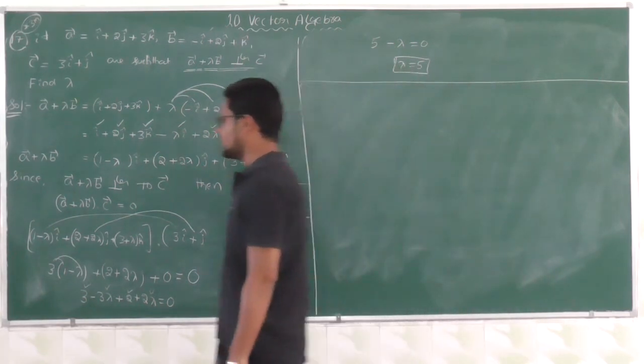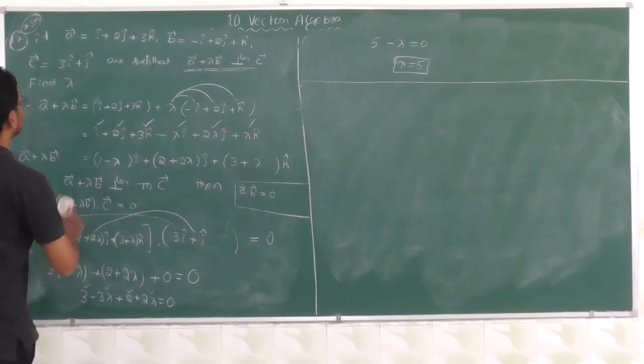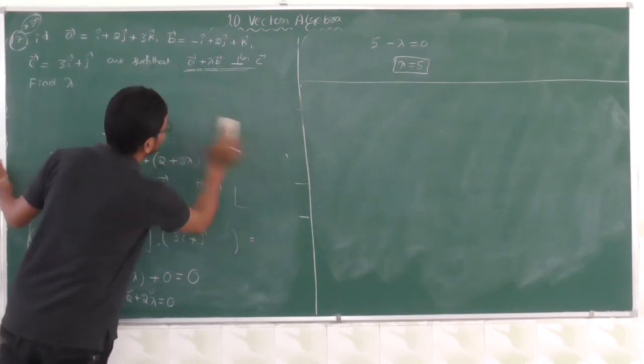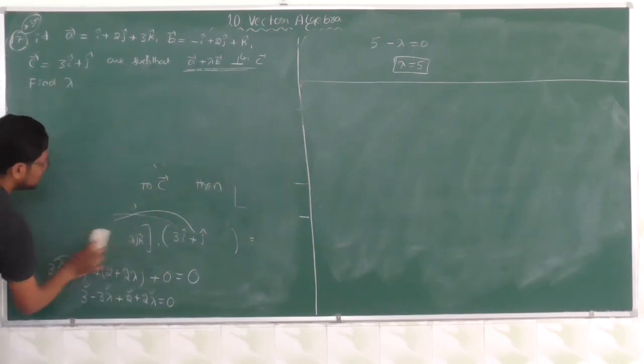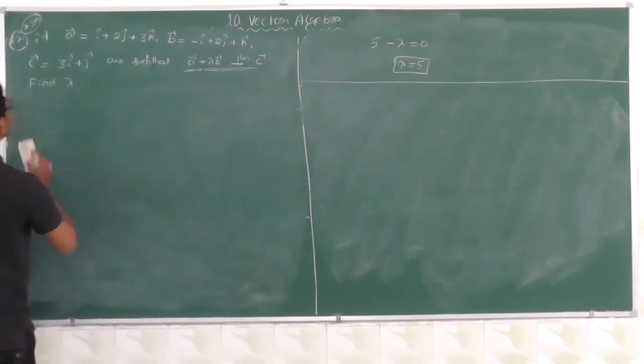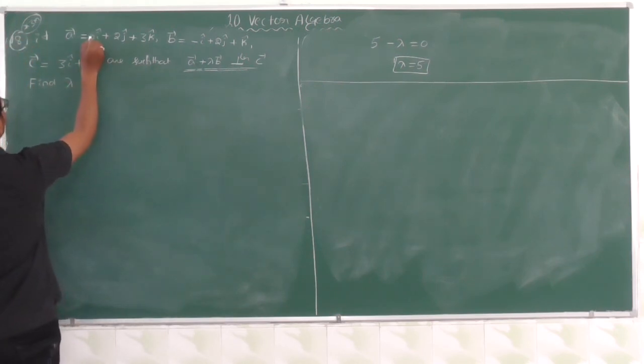Based on this, I will give one homework problem, you can note it down. I am just changing the numbers. It is the 18th question. A vector equals 2 i cap.